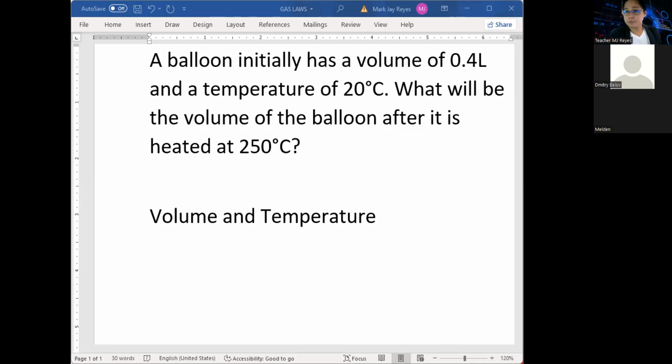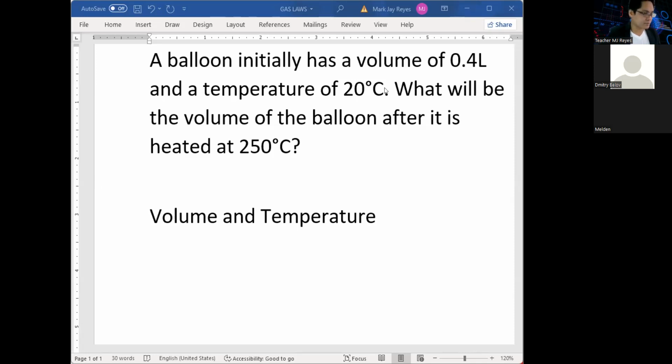This is now the analysis. You need to analyze the problem, what is being asked in the problem, and right after that you can get the information about certain concepts. Was it Charles' law?